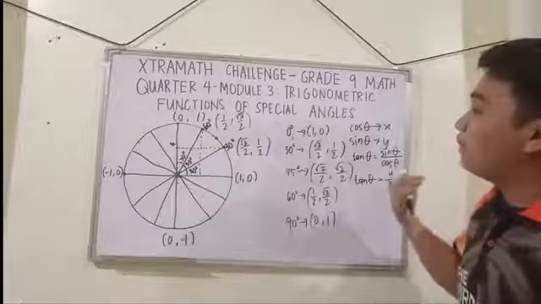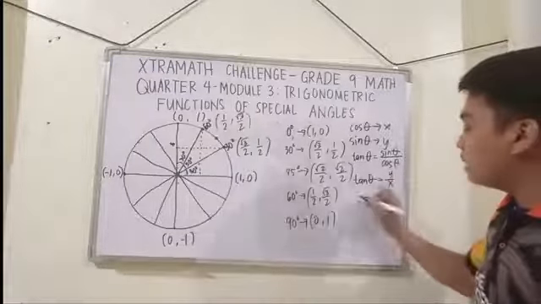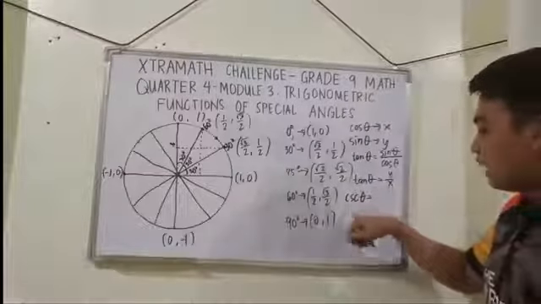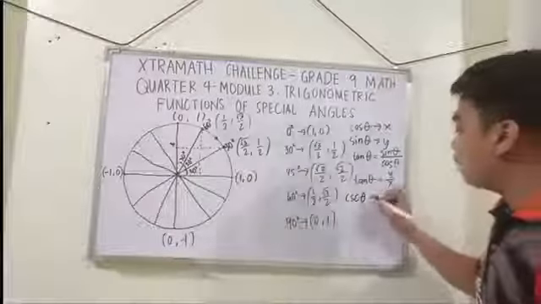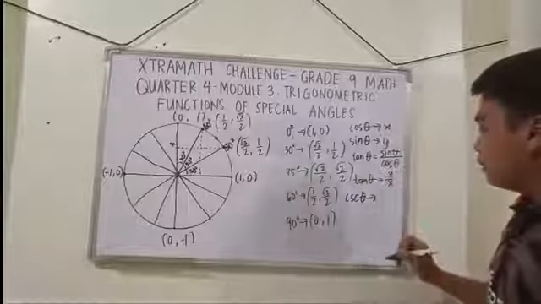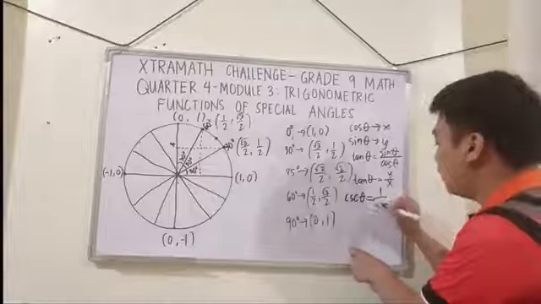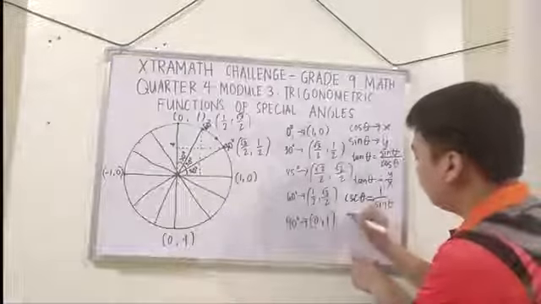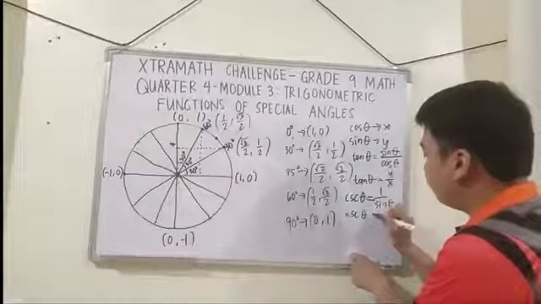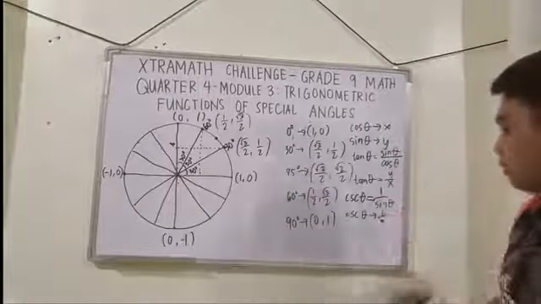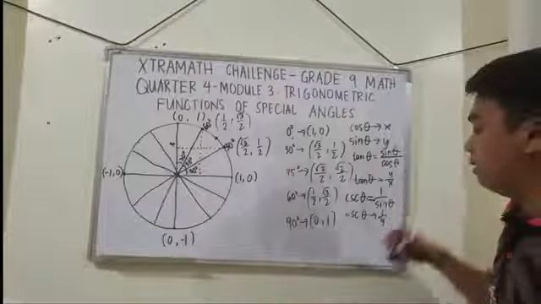Okay? And we have three reciprocals of the trigonometric functions. So that is the cosecant theta. Cosecant theta is the reciprocal of sine theta, so it is equal to 1 over sine theta. We can say that cosecant theta must be equal to 1 over y, because sine corresponds to y.